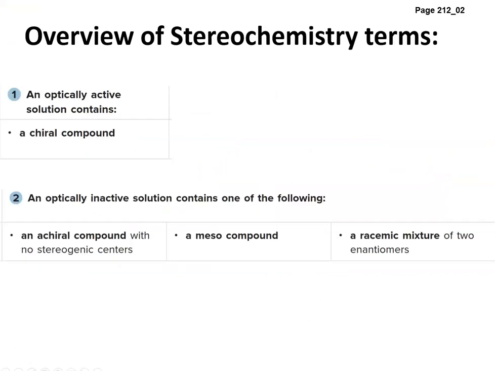The vocab in this chapter is important, so it's helpful to understand these different terms. If you have something that's optically active, it contains a chiral center. It is a chiral compound.